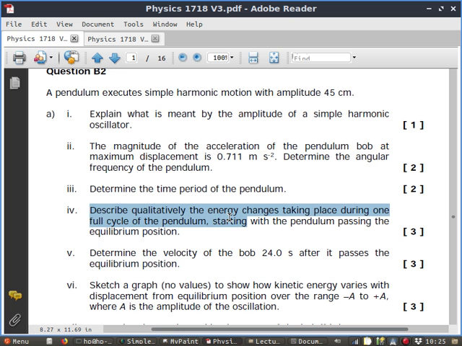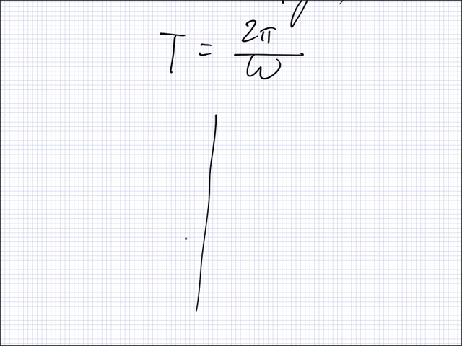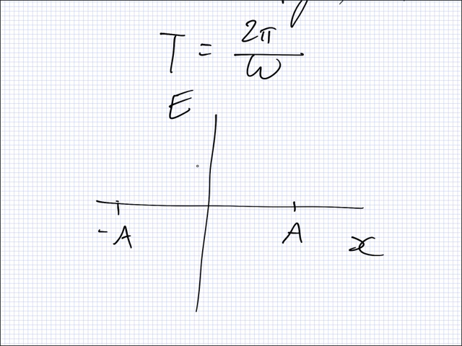Describe the change in energy. Now, for this question here, they want you to make the graph. Do you remember the graph? The one that looks like this? Here you have X and here you have energy. And here you have A and here you have minus A. And one goes like this and one goes like this.